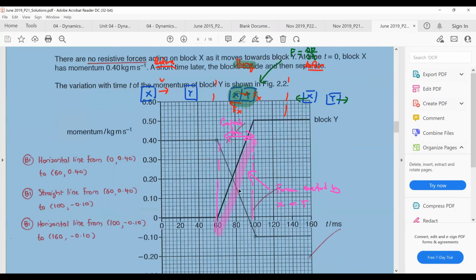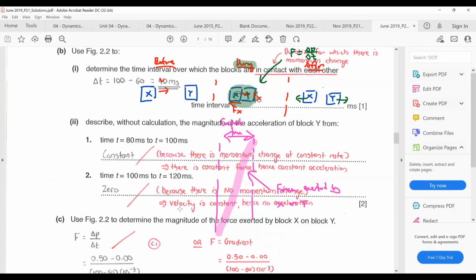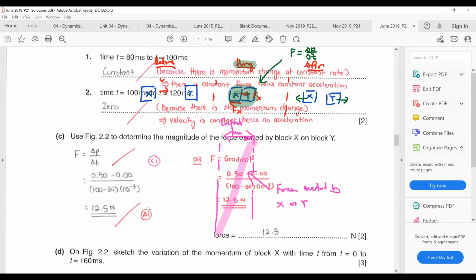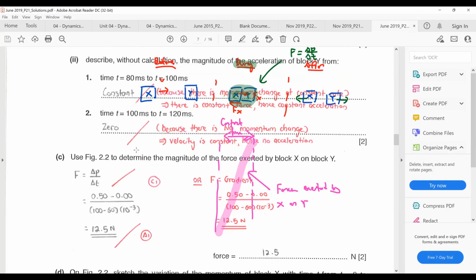So you find out the gradient of the graph. Just now I told you that the gradient on your graph is actually your force. So you just find out the gradient. The gradient will be delta P over delta T, change in momentum over change in time.